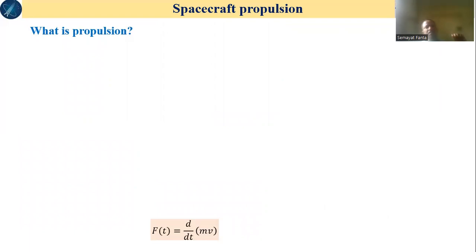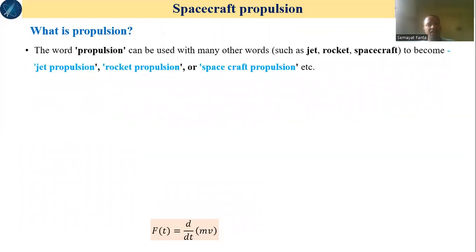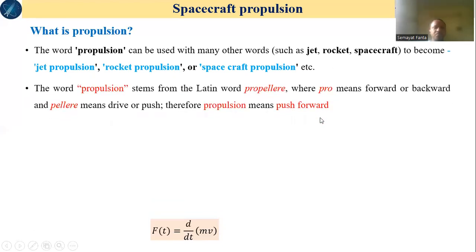So when we say spacecraft propulsion, once we understand the spacecraft, what does propulsion mean? Propulsion is a simple word which can go with many other words, like jet propulsion, rocket propulsion, spacecraft propulsion. We use it for many purposes. When we say propulsion, it is from the word propeller.